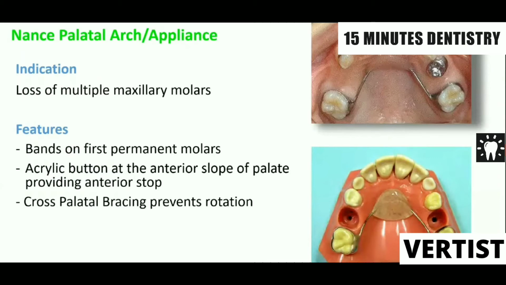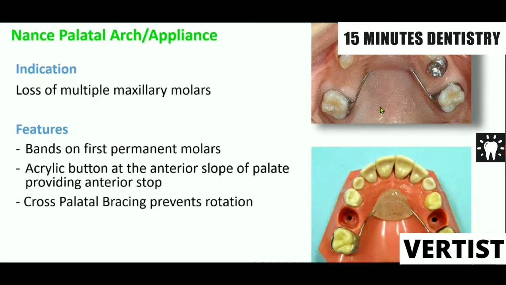So if the situation is loss of multiple teeth in the buccal segment, the posterior segment of the maxillary dentition, then the space maintainer of choice is the Nance Palatal Arch, where the bands are placed on the first permanent molars and an acrylic button is placed at the anterior slope of the palate, which prevents any mesial movement of these molars.